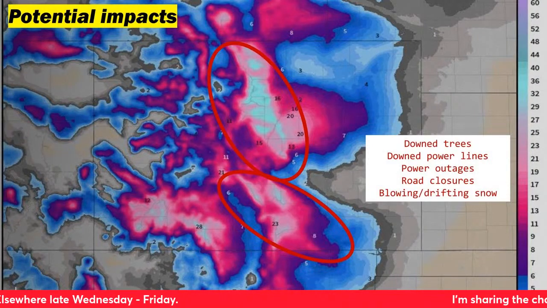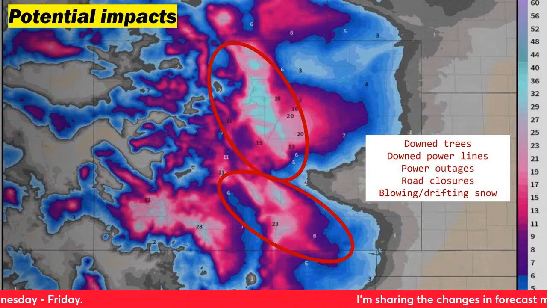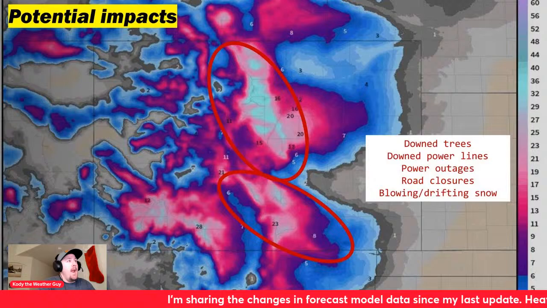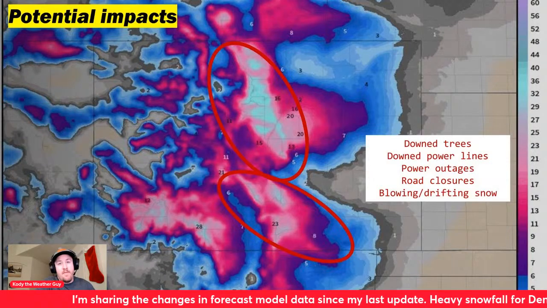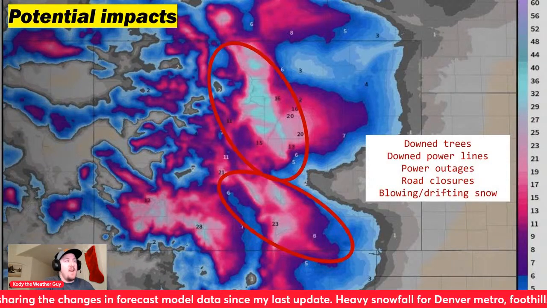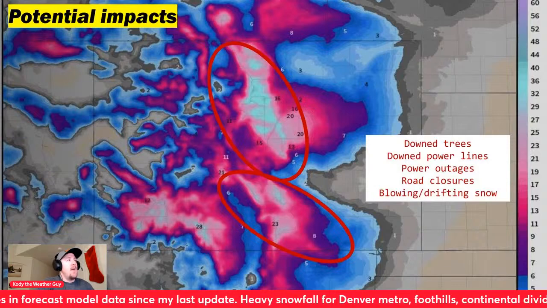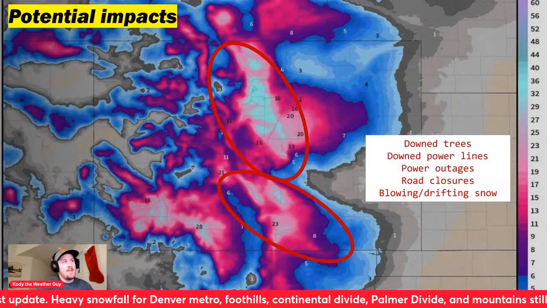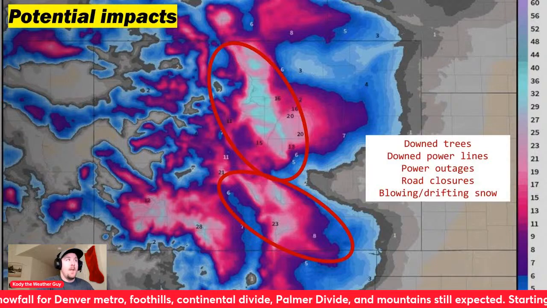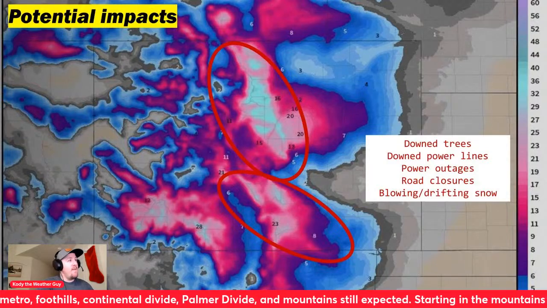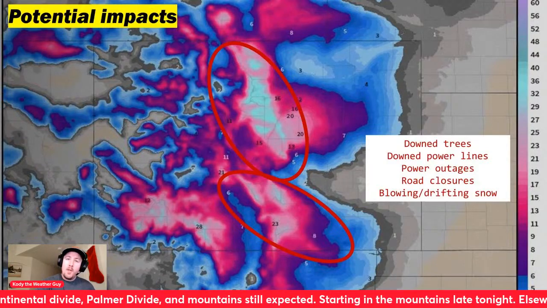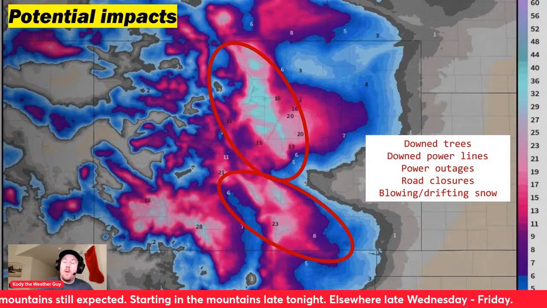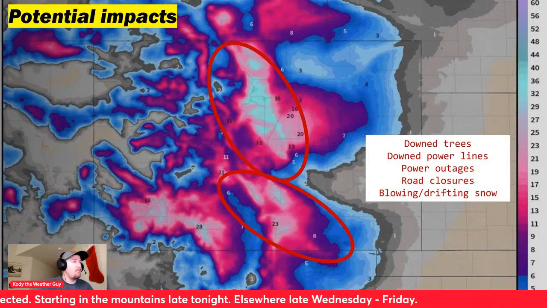So if you're in the Denver metro, especially in the South Burbs, going on to the Palmer Divide, and if you're in the foothills west of I-25, especially between 6,000 and 9,000 feet, so that would include places like Bailey, Conifer, Evergreen, Genesee, Nederland, Estes Park, Red Feather Lakes, Woodland Park, Manitou Springs. Again, if you don't know your elevation, Google is free.